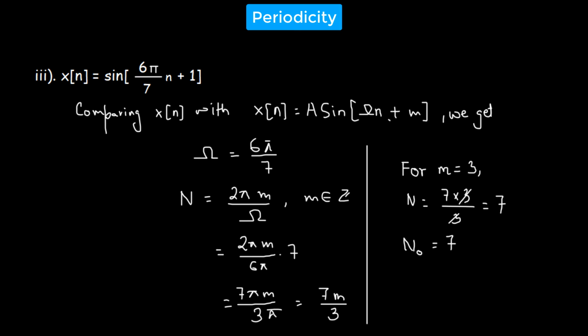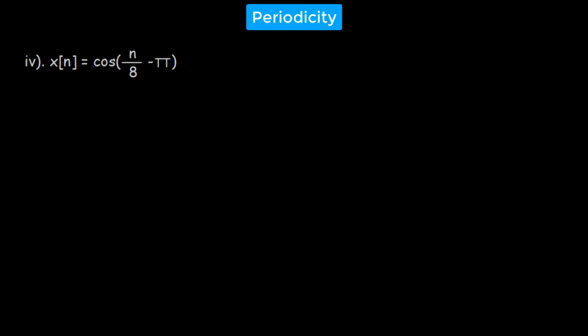So the fundamental period of the given discrete time signal is 7. So we say that x of n is a periodic function with fundamental period N naught equals 7.